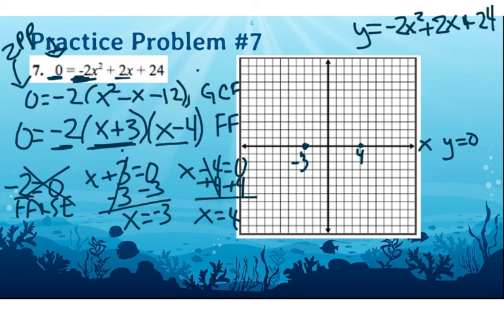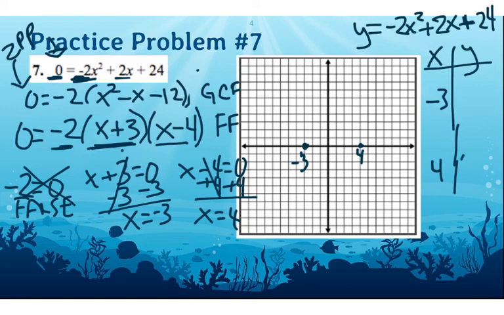So put that in your calculator. I'm just going to set up my table. And I know that at negative 3 and a positive 4, my y values were 0.